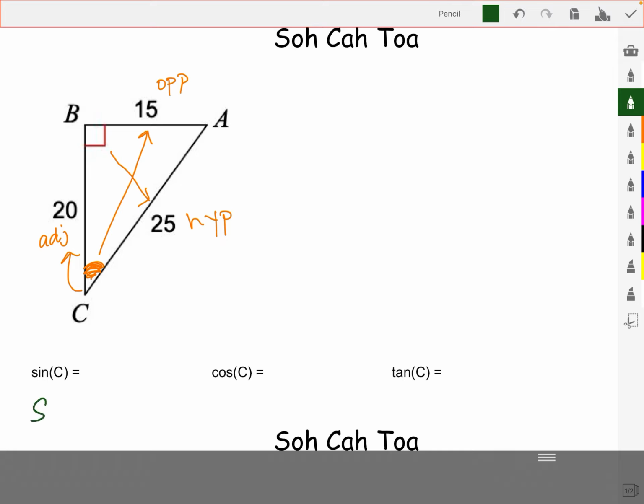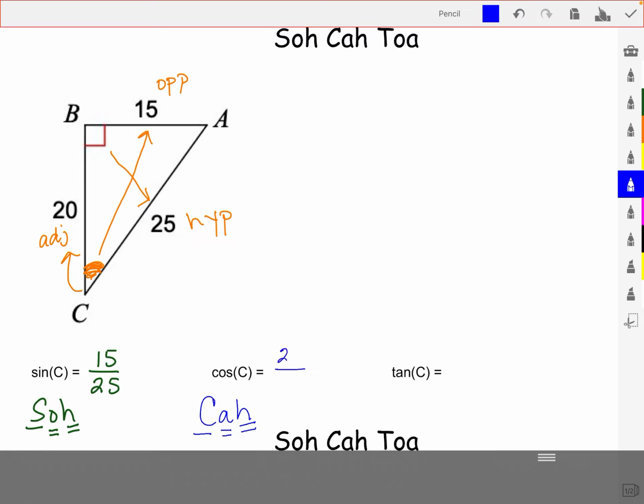So for sine, I use SOH, which is sine, opposite over hypotenuse. Opposite is 15, hypotenuse is 25. Cosine, CAH. The C stands for cosine, the A for adjacent, H for hypotenuse.